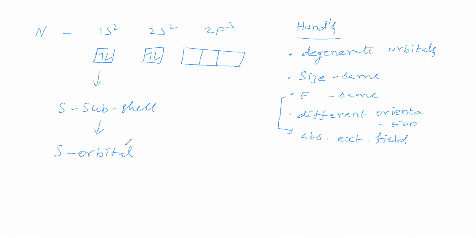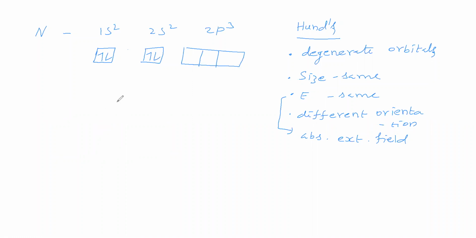Therefore, we need not talk about degenerate orbitals in the s subshell. Whatever s subshell you take, it will have only one orbital, so the degeneracy point we need not bring to the s orbital.